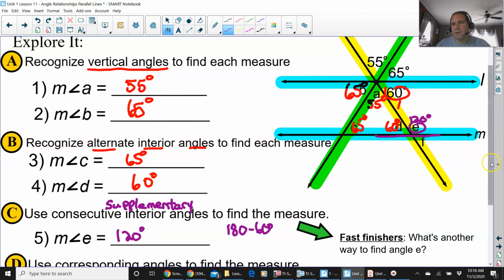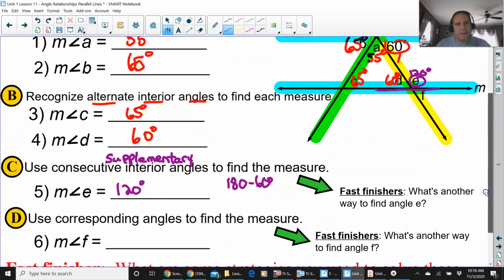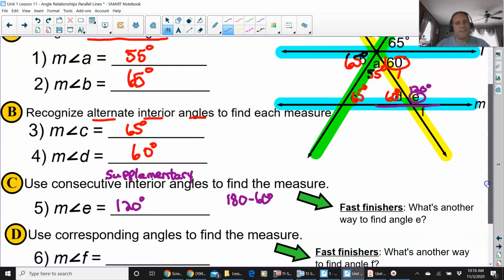All right. So F, you could do a lot of different ways. It says in there that they're looking for corresponding angles. So what angle does F correspond to in the same location in this part? If you said this angle right here, that is correct, and that's why this would be 60 as well.